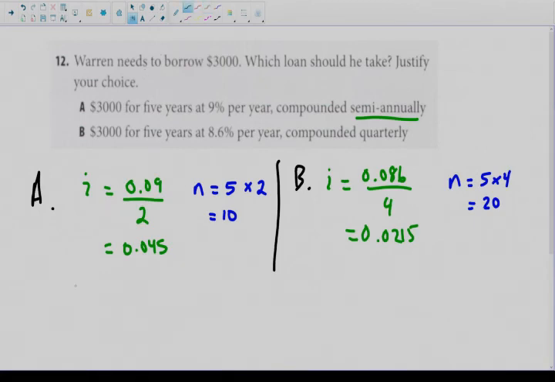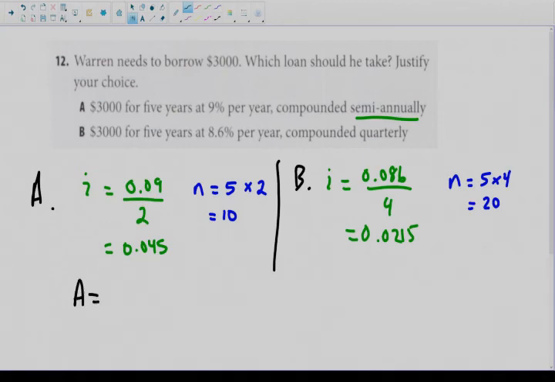So now we can calculate our final amount for both of them and see which one Warren should choose. Now, if Warren's borrowing money, do we want the one that has the higher amount or the one that has the lower amount? So we'll come back to that.